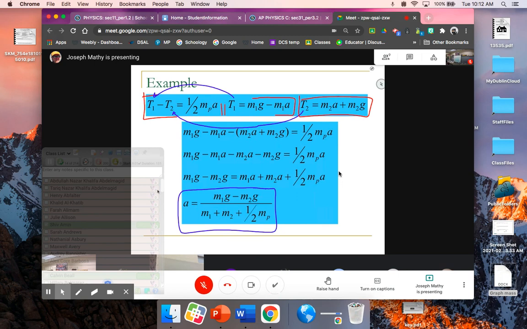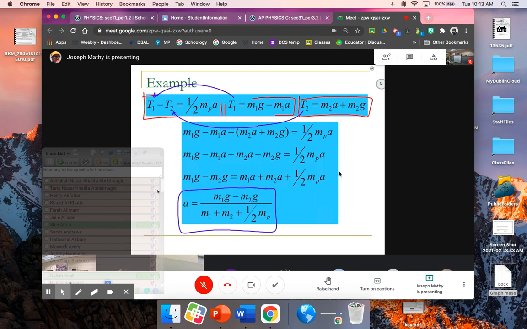Ladies and gentlemen, if I can establish that M1G minus M1A is T1, and then M2A plus M2G, I've got to distribute the negative amongst terms, FOIL method style. I then end up with understanding that the acceleration in that system, in a linear sense, is dictated by the differences in the hanging masses, M1G minus M2G.